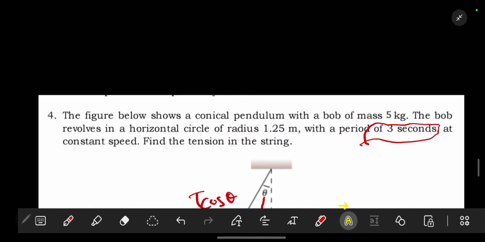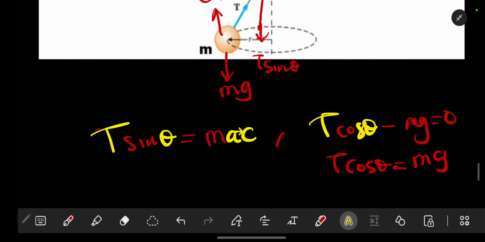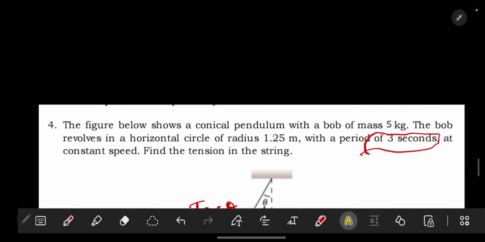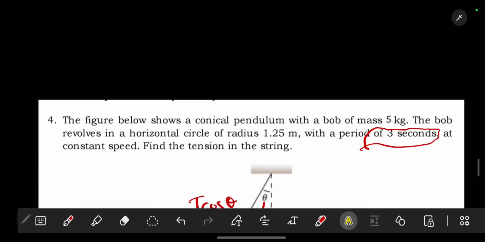So knowing that there's the period, and we know that the acceleration can be equal to the velocity squared over r. That means that the tension sine of theta should be equal to mv squared over r. That's the centripetal acceleration. Now why have we converted it to this form? This is simply because we are given the period.